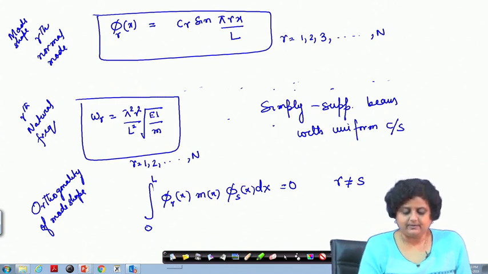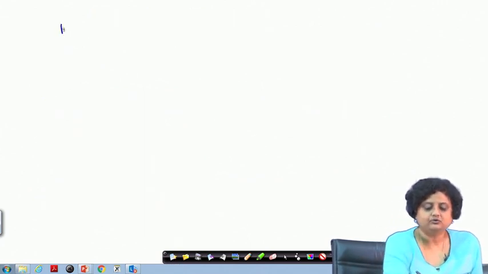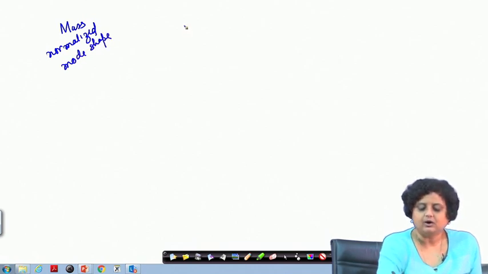The next job is to find out the mass normalized mode shape. So, how would you find out the mass normalized mode shape?